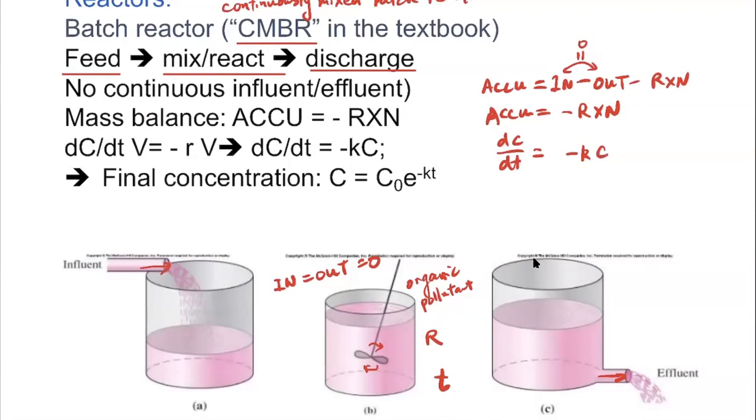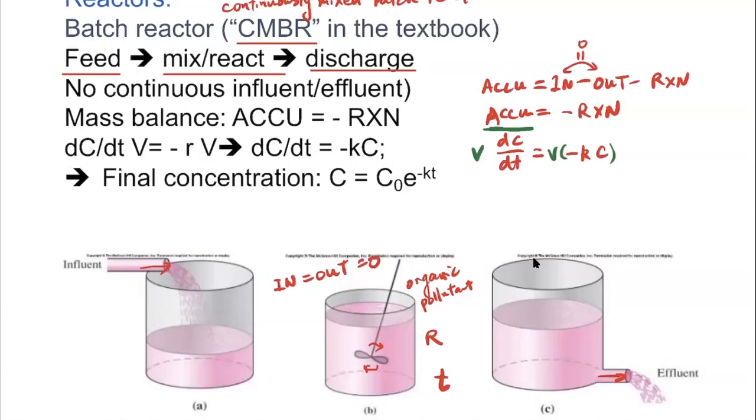If we're talking about the more accurate version of this equation, then the accumulation term should have the volume of the reactor in front. And also for the reaction term, you should also multiply by the volume. So we're not talking about concentration here.